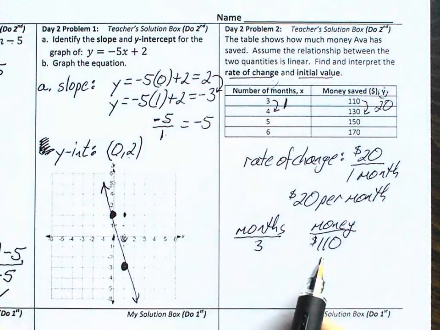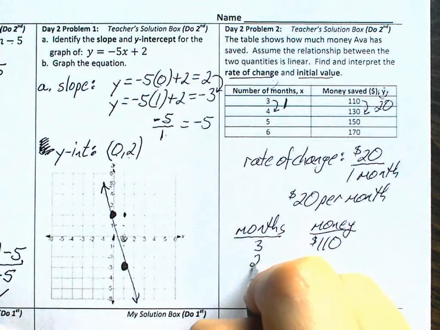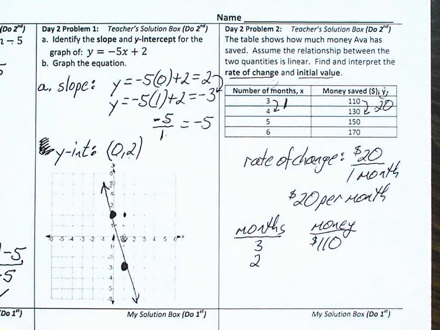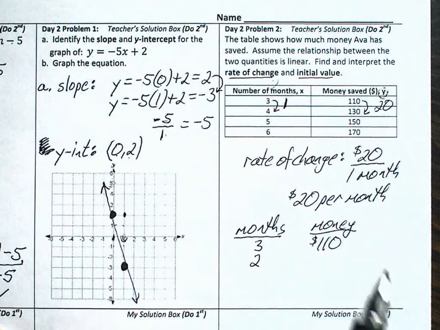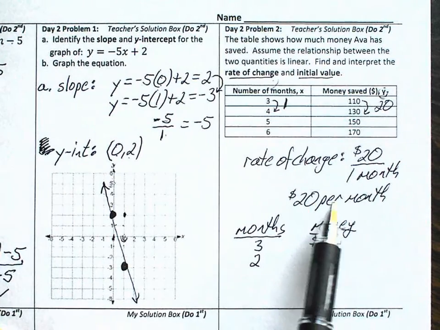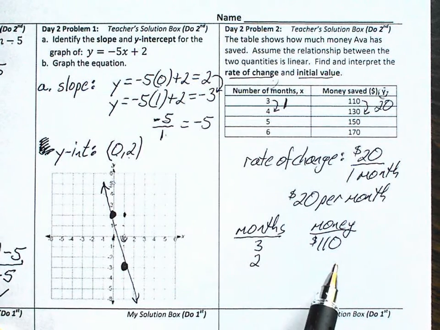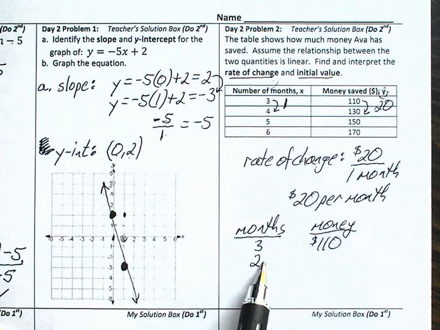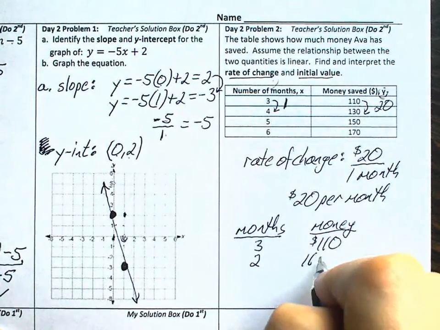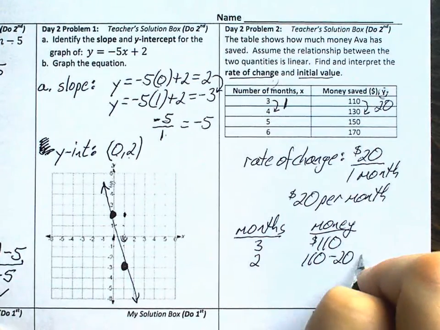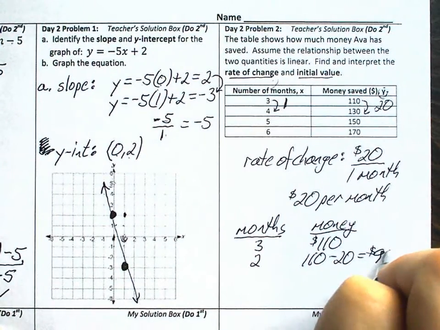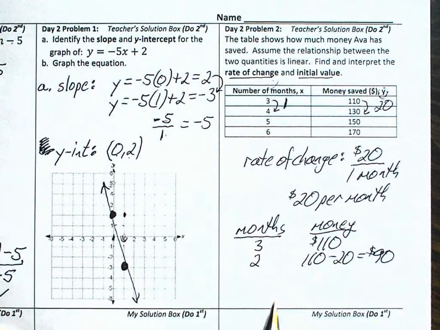Let's work backwards from there. How much money did she have saved after 2 months of saving? So if the rate of change is $20 per month, that $110 represents an increase of 20 over what she had a month ago. So how much did she have a month ago? 110 subtract 20 is $90. Let's work backwards again.